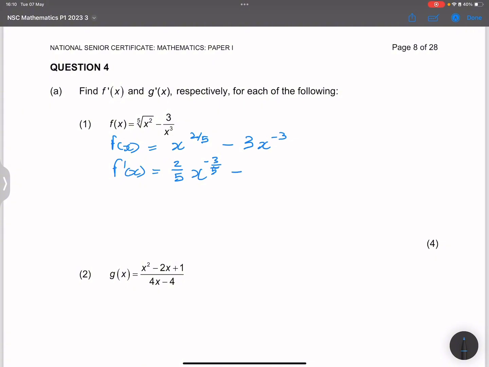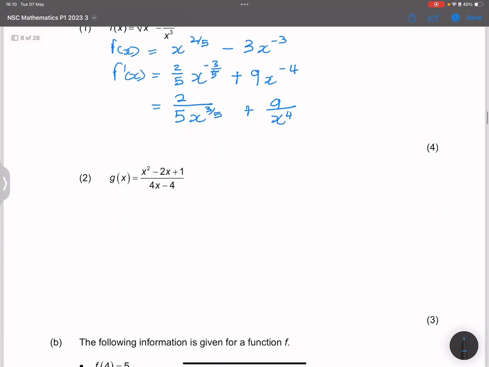And this is minus, so a negative times a negative will be a positive. So this is 9x, and minus 3 minus 1 gives us minus 4. If you wanted to write them as positive exponents, this would be 2 over 5x to the 3 over 5 plus 9 over x to the exponent 4.